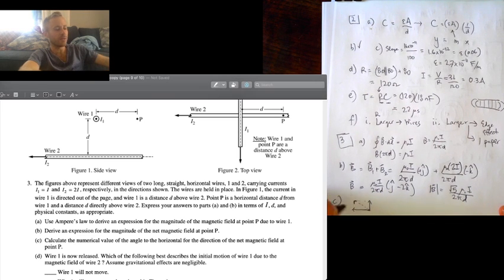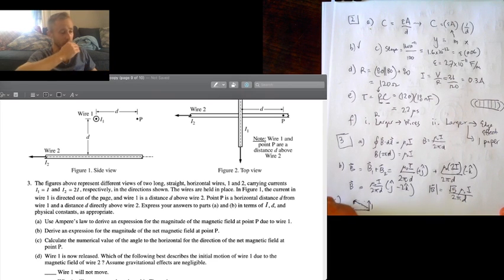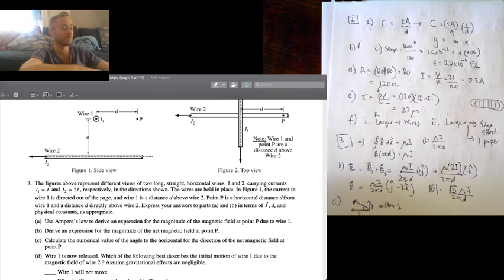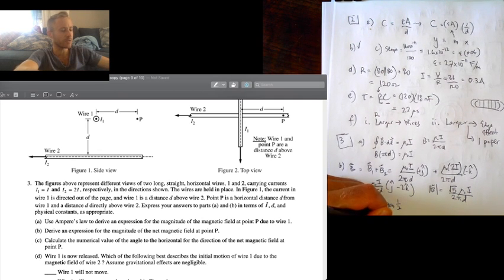This is kind of a side view. So the total magnetic field is like this. This is 1, this is 2. All right? So if we want this angle, that's going to be the arctan of 1/2, which is 26 degrees. Actually, 26.6 degrees.